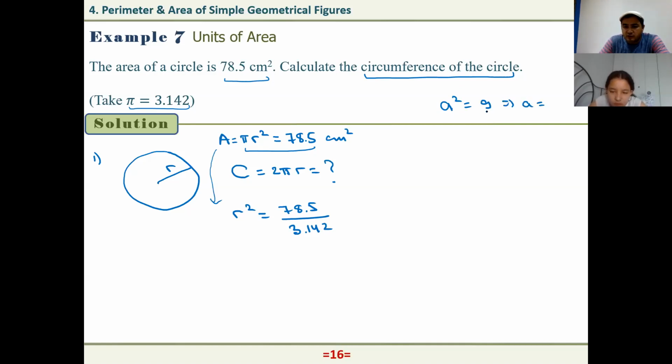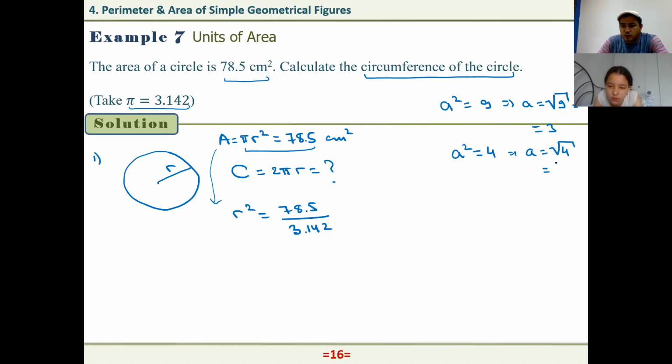If something squared equals 9, then a is equal to the square root of 9. Okay, then the square root of 9 is equal to 3. Like if a squared is equal to 4, assume that a is positive, then what is a? a equals the square root of 4.